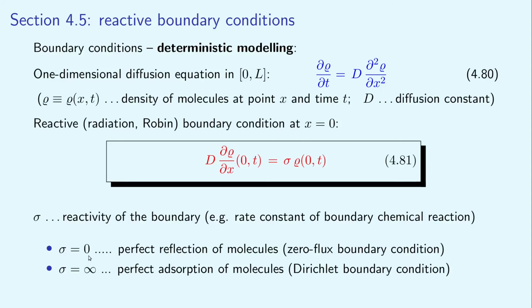If sigma is equal to 0, then we obtain reflective boundary conditions. If sigma is equal to infinity, then we can divide this equation by sigma to obtain the Dirichlet boundary condition that rho is equal to 0 on the boundary. This corresponds to a fully adsorbing boundary, which we have discussed in the first half of this lecture.